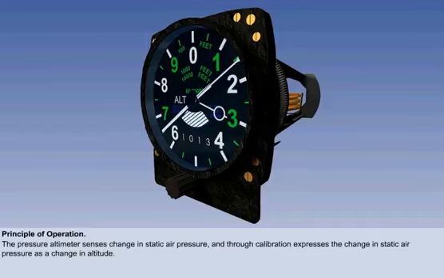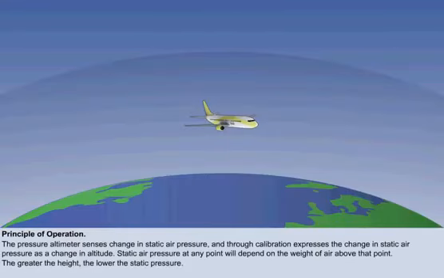So in order to appreciate how the altimeter works, we first have to look at the atmosphere and how altitude affects static air pressure. In the atmosphere which surrounds the Earth, the static air pressure experienced at any point will depend on the weight of the air above that point.